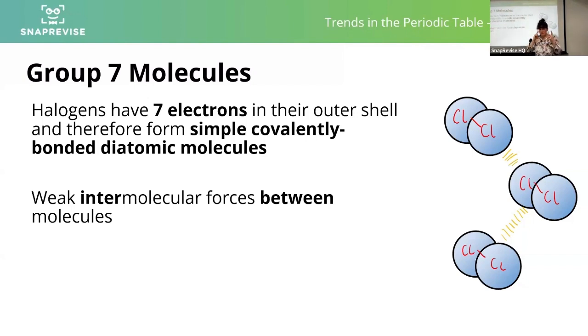But also it helps me to differentiate between when I'm talking about intermolecular forces, so between things, or intramolecular bonds. So for me, I try and keep that separation in my head. So intermolecular forces are weak. They're still present and they still have an impact, but they are weak. So there are strong covalent bonds within the molecules, but weak intermolecular forces between molecules.